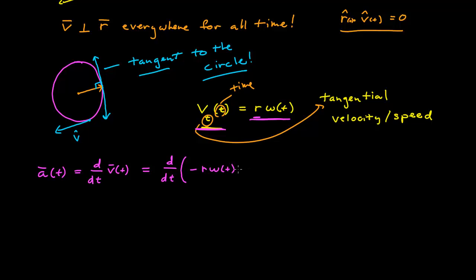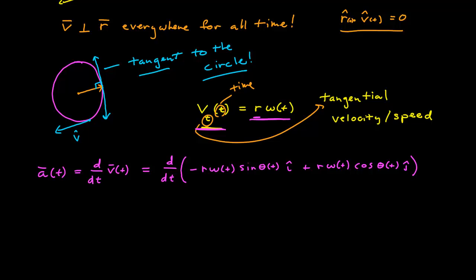So I want to differentiate this object here. Sine theta is a function of time, I hat plus r omega, which is a function of time, times cosine theta, which is a function of time, j. So we want to differentiate this whole thing.